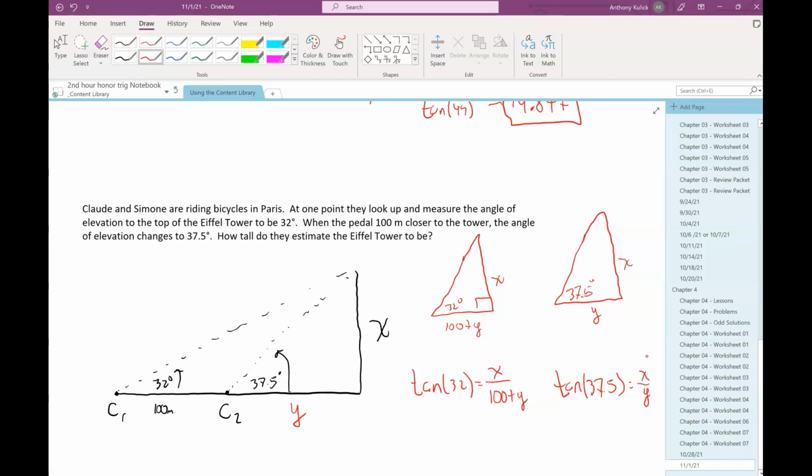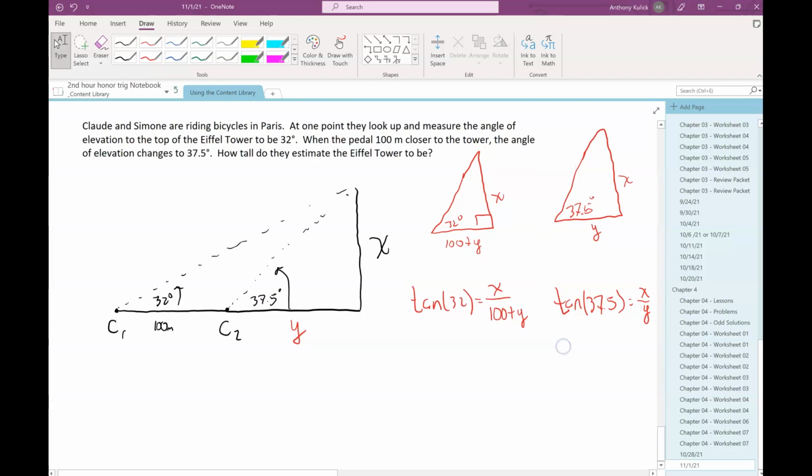And now my goal here is going to be to solve this system. Numerically, I think the easiest thing would be to solve this system for x first, and then we're done at our answer. But if I look at this algebraically, that seems like it's going to actually be a little bit more difficult. I'm actually going to solve this for y, and then plug that answer back in to get the x, which I think is going to be the easiest route.